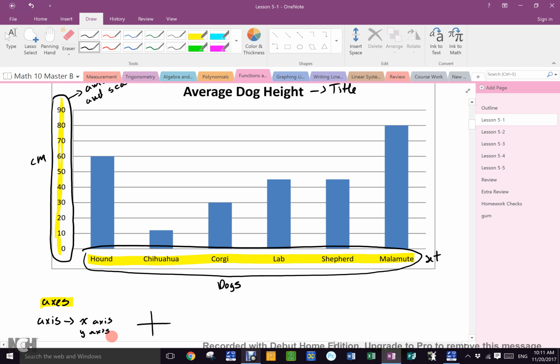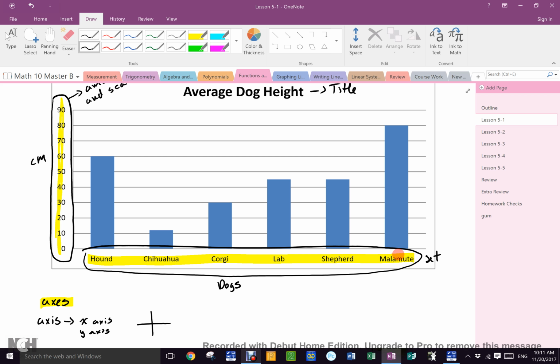Everybody remembers this from the 9th grade, right? Same thing here. We need a vertical and a horizontal axis. And when you pluralize it, it is axes. Now, here is something that you guys need to be aware of. 99% of the time, certain information goes on the vertical axis and certain information goes on the horizontal axis. It's only 99% of the time, though. It's not every time. So you actually have to know the difference between the two of them.